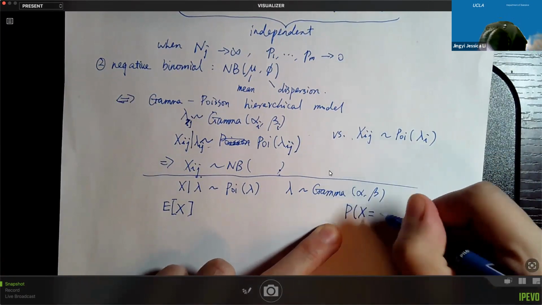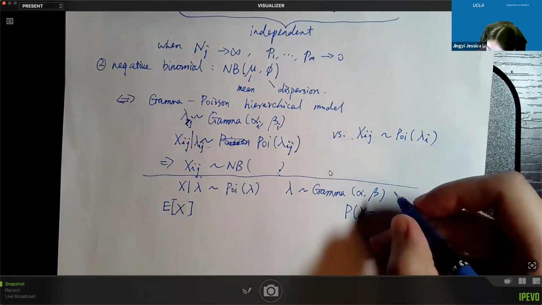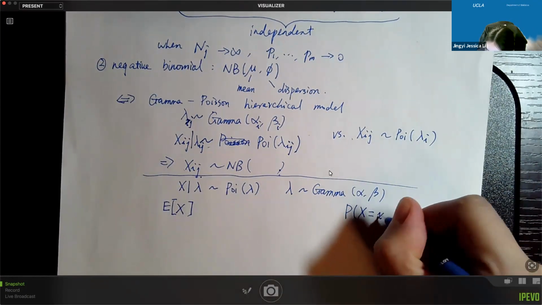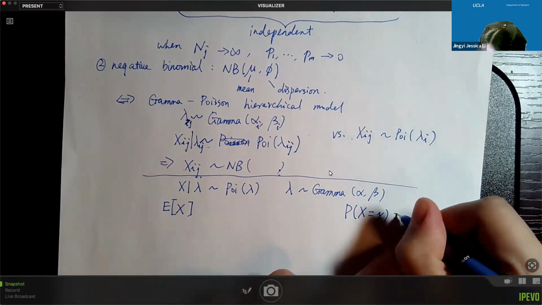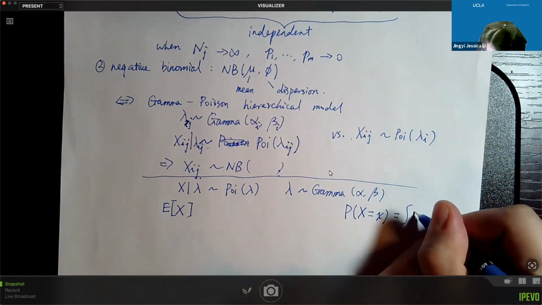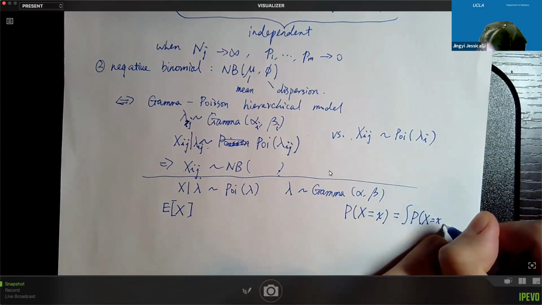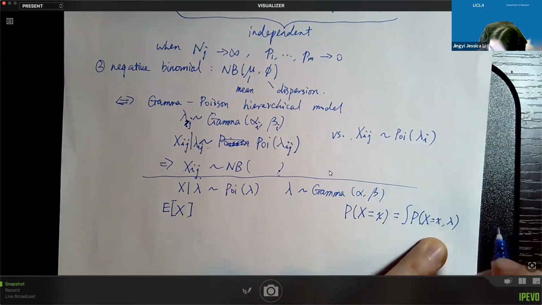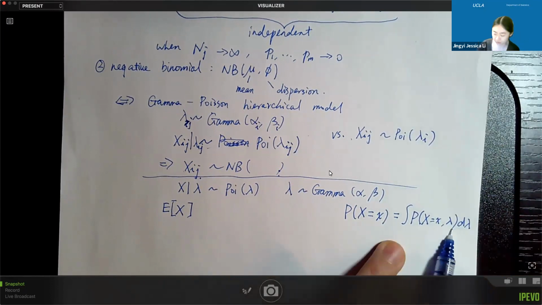The probability that X, taking count values, takes the count value lowercase x can be calculated as the integration of this joint probability, that X takes value x while lambda takes its own value lambda, and we take the integration over lambda.